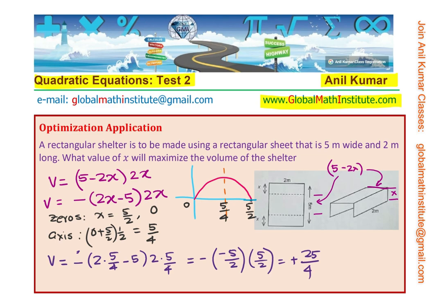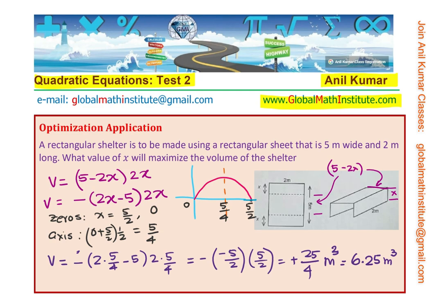So that in meters square will be the volume, right? You can divide and write the decimal value also. 4 goes 6 times. 4 times 6 is 24. 10 means 2. And then 20 means 5. So 6.25 meter cube will be the volume of this particular shelter, the maximum volume.